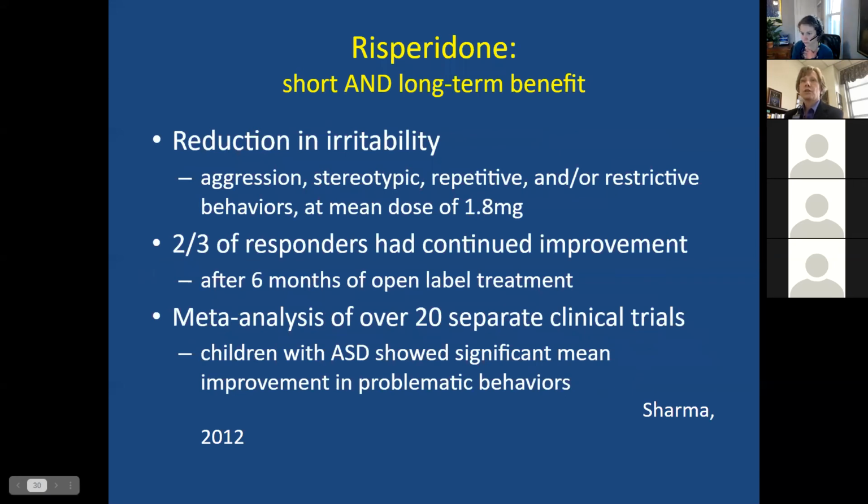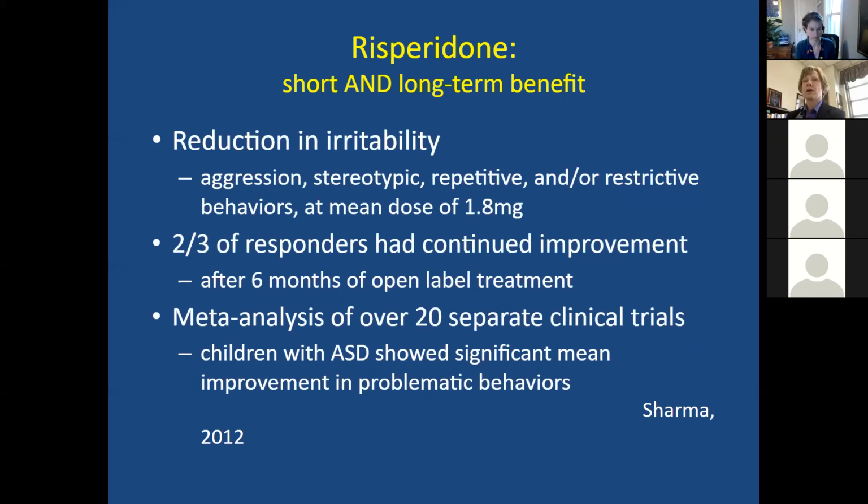There are short and long-term benefits with risperidone, reduction in the irritability, as we mentioned. The mean, or the most common dose, is somewhere between 1 and 2 milligrams in that range. 2/3 of responders after 6 months have continued improvement. So just like we mentioned with the atomoxetine, there are some people who in these clinical trials over time are no longer showing that significant improvement that they can show early on.